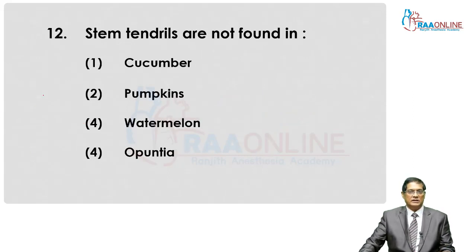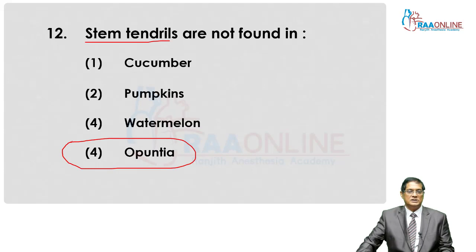12th question. Stem tendril. Stem tendrils are not found in which? Answer, Opuntia. In Opuntia we have studied that it is a modified stem which becomes leaf-like green. Tendril means fine thread-like elongated structures. See this structure. This is a branch of the main stem. This is the nodal region.